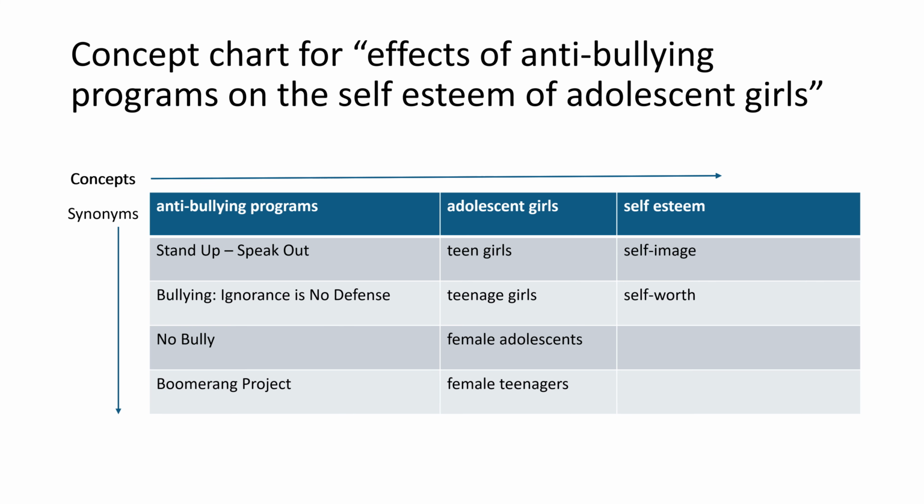Maybe an author wrote a paper about the Boomerang Project, but never said the actual phrase anti-bullying program. You don't want to miss that article. Under adolescent girls are different ways to say the same thing: teen girls, female teenagers, adolescent females, and so forth. Under self-esteem are self-image and self-worth, which aren't quite the same but are very similar.